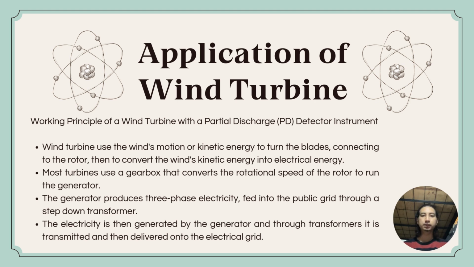Most turbines use a gearbox that converts the rotational speed of the rotor to run the generator. The generator produces three-phase electricity, fed into the public grid through a step-down transformer. Lastly, the electricity generated by the generator is transmitted through the transformer and delivered onto the electrical grid.